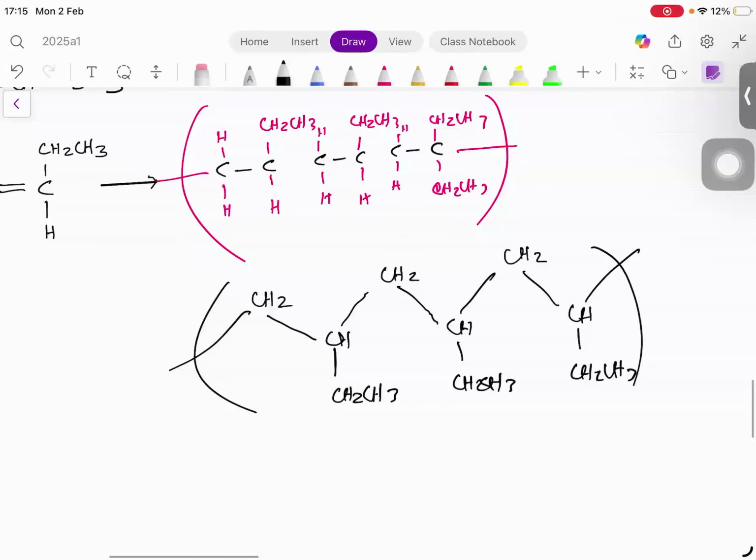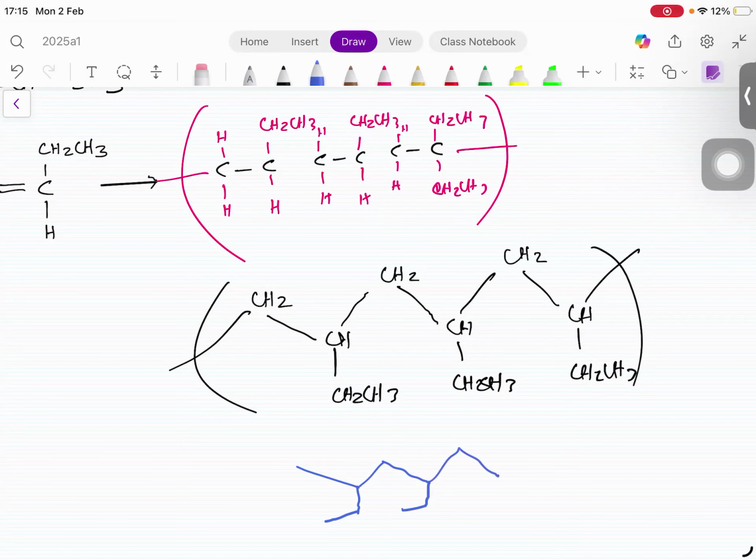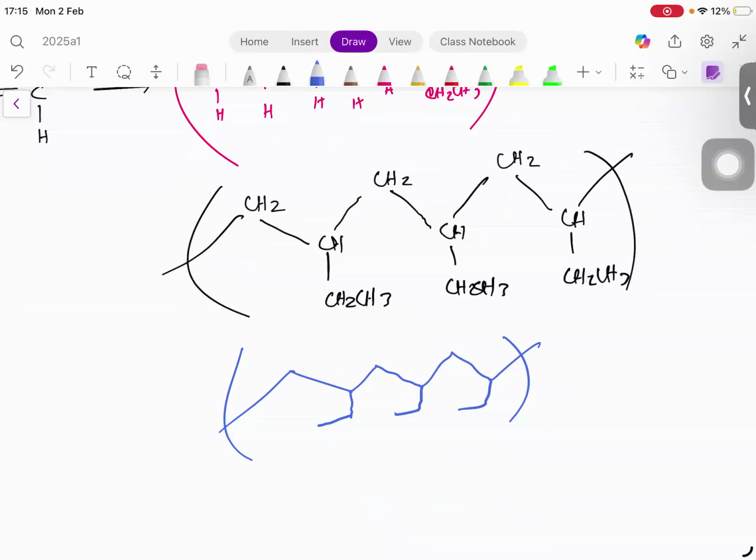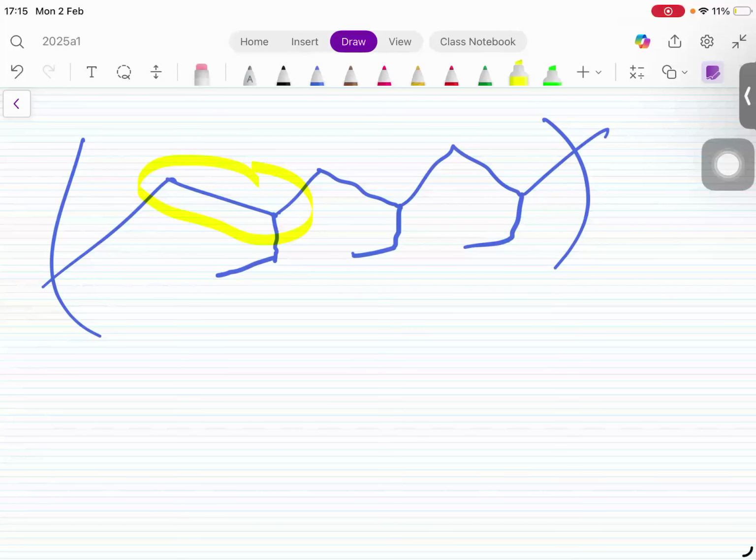And then what about the full skeletal? Here. And then look at this. Once you go down, you have to take another turn. Here, once you go down, another turn. Here it is. Is it like this? Right? Now, if somebody asks you to take the monomer out, if they just show you this part of the polymer, you just have to cut the slope and put the double bond.